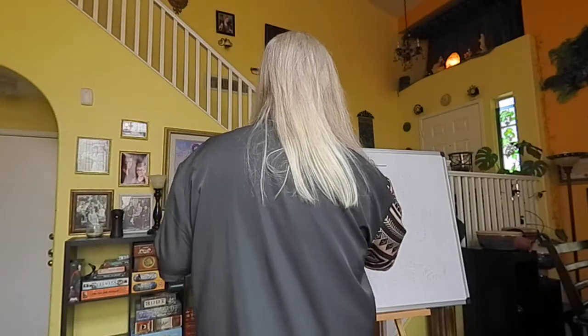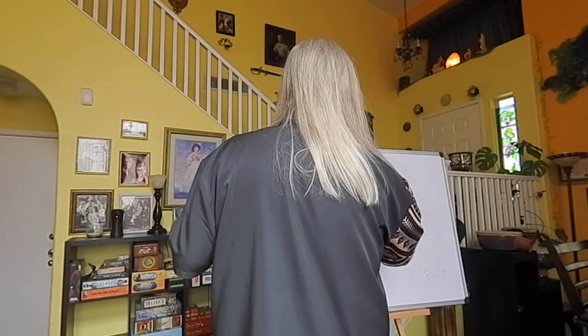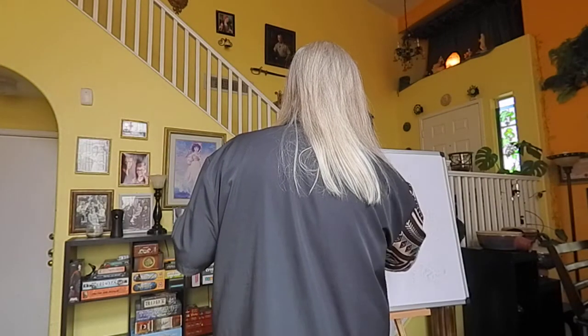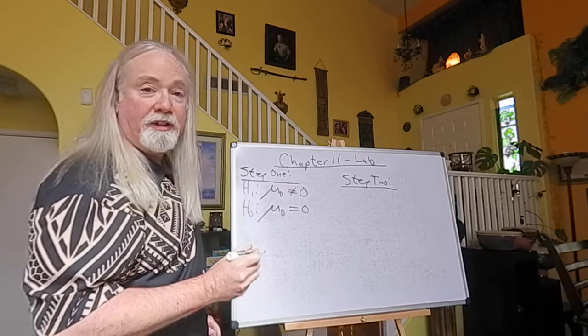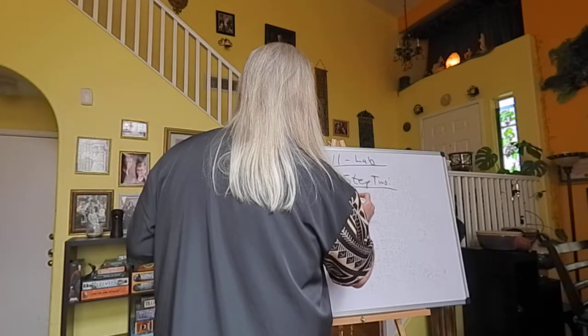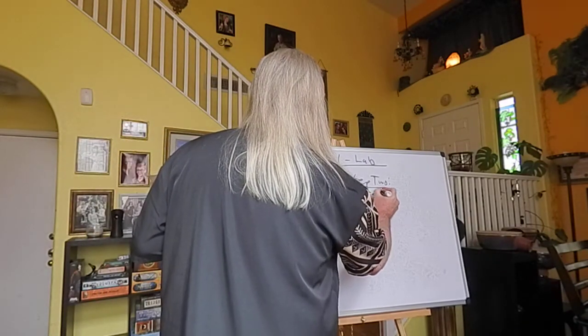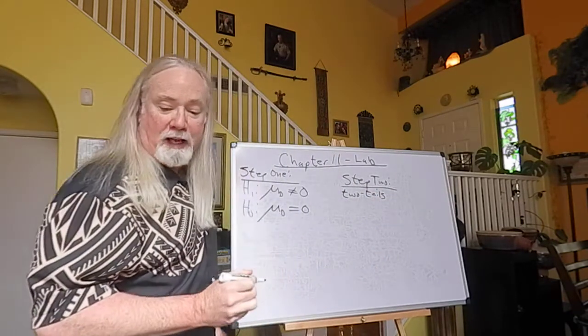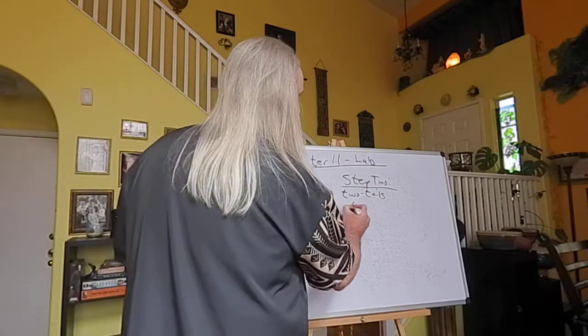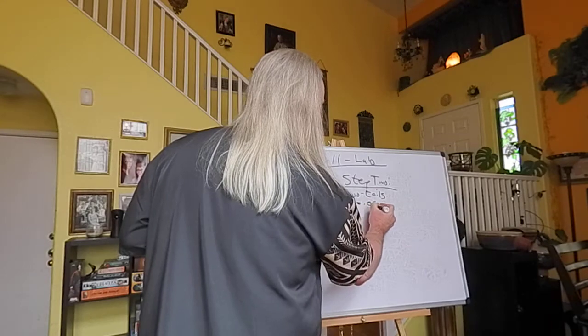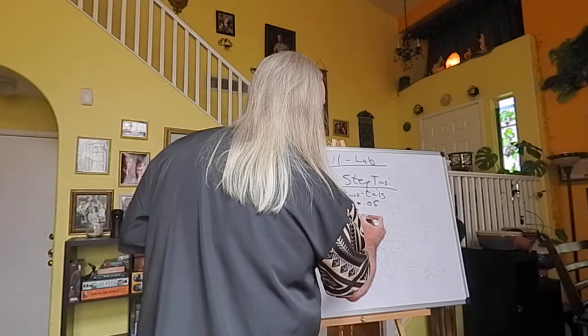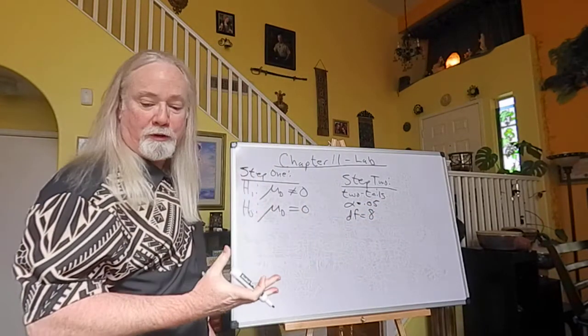For step 2, we are running this, it tells us, as a two-tailed test. The alpha level that's been given to us is 0.05, and our degrees of freedom is 8. There were 9 scores, 9 minus 1, 8.